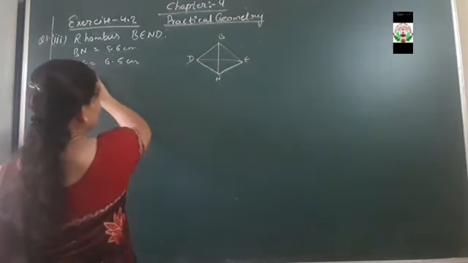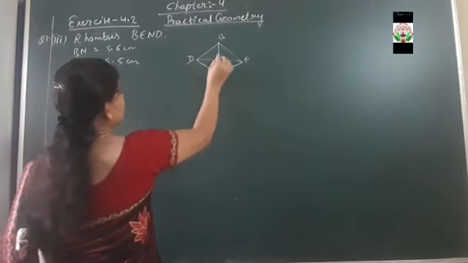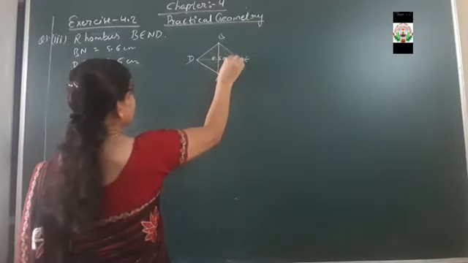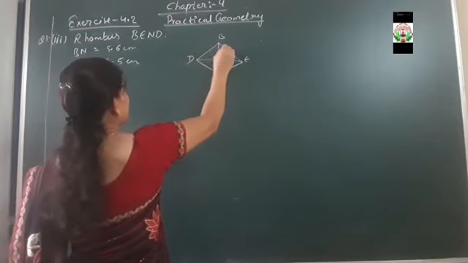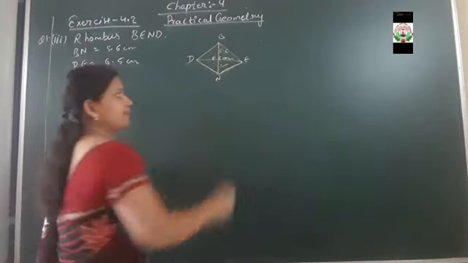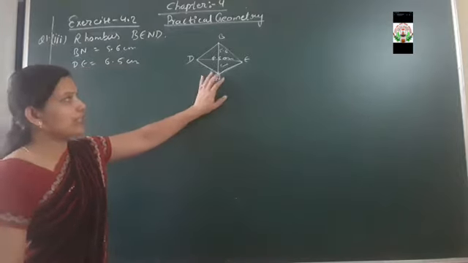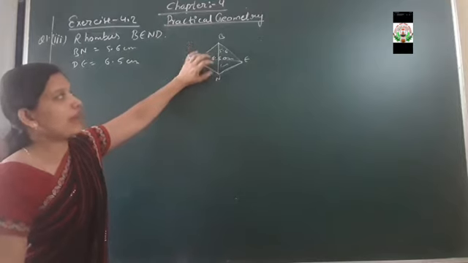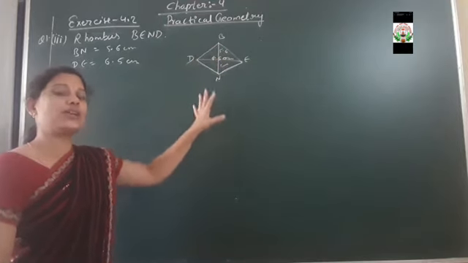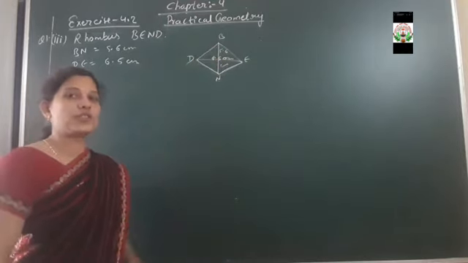So DE given measurement how much? The two diagonal measurement is given here. So by using the diagonals we have to construct a rhombus, as we know that the rhombus property is that all the four sides are equal.